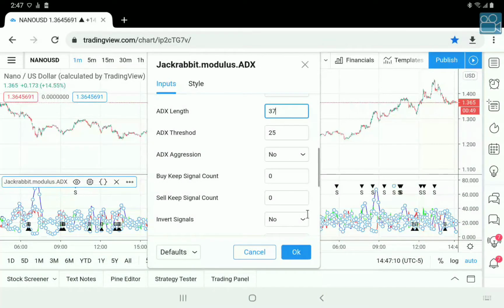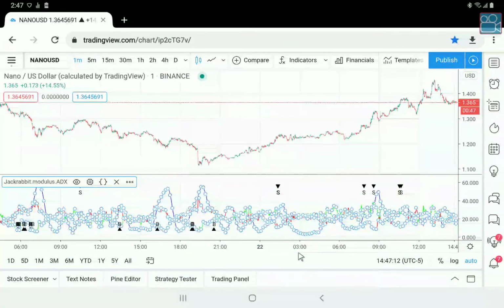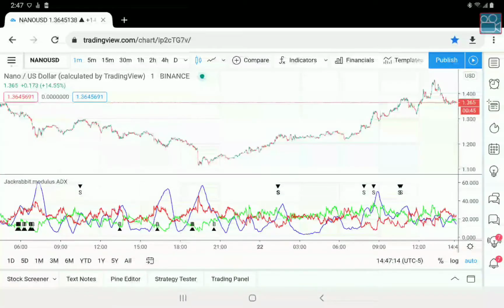I'm going to talk about the aggressive in a moment, but for now let's look at the chart. We have lows, we have highs, so forth. Your plus, your minus, and of course the ADX itself.